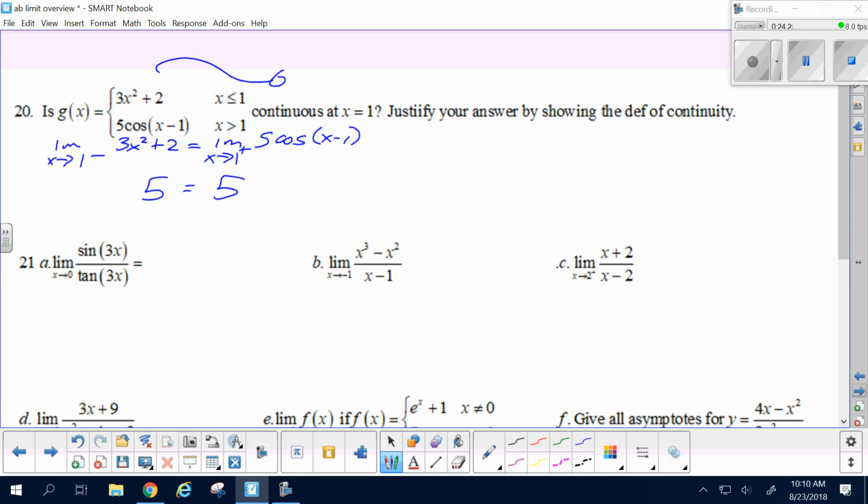I also need in there that it's equal to the point itself, in other words check that 1 is defined. Wouldn't you agree that 1 is defined, and that it must also be 5? Okay? So, because of that, we can conclude that G is continuous at x equals 1.